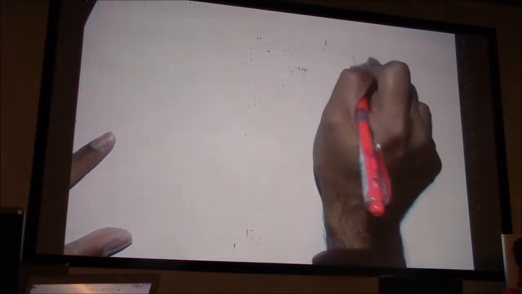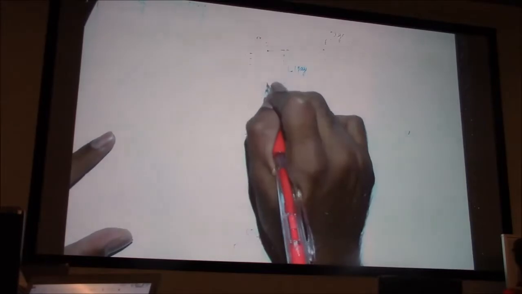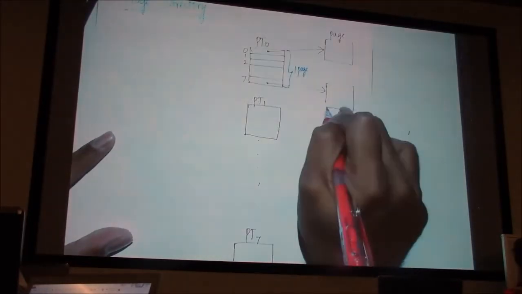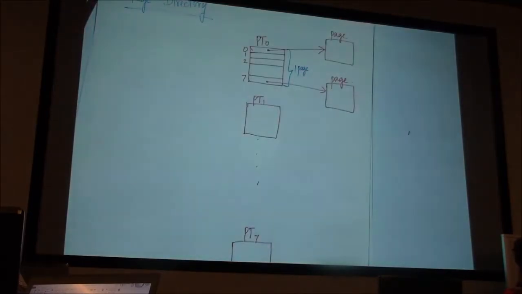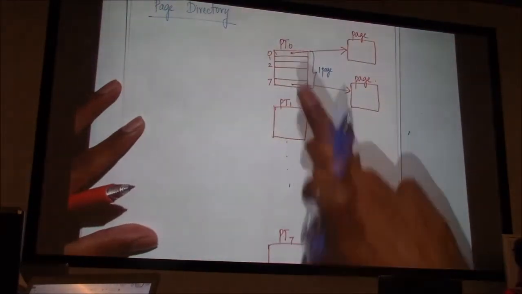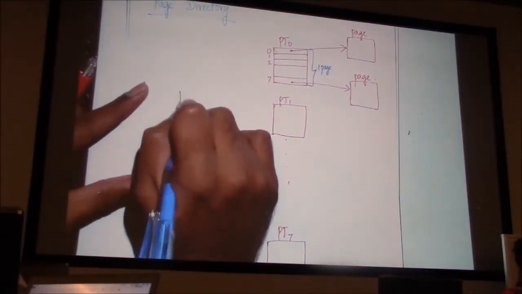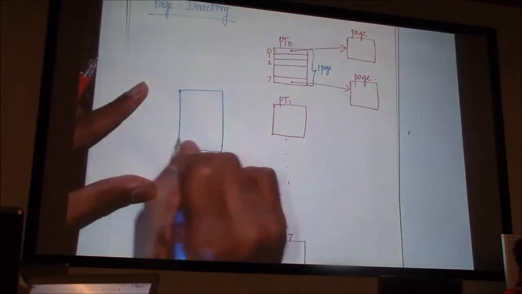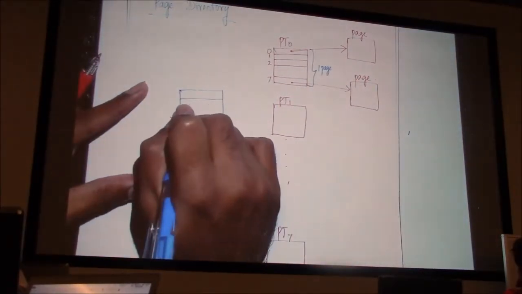So this may be pointing to some actual page here. In this setup, to store these page tables, we are going to create one more structure here with 8 entries, because we have 8 different page tables.